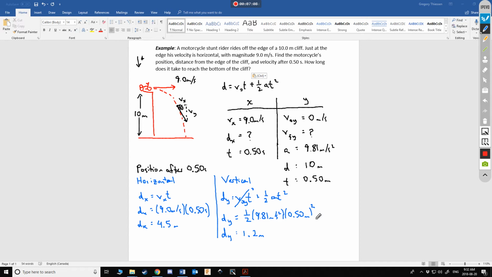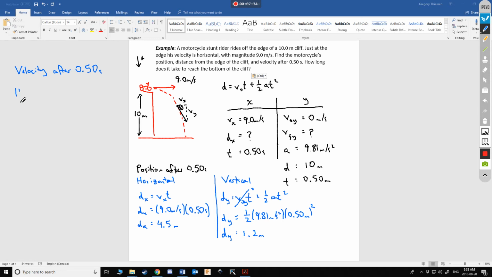So that's part one. So next is, what is our velocity after 0.50 seconds? I'm just going to write that over here off to the left. So velocity after 0.50 seconds. It's going to separate into x and y again.